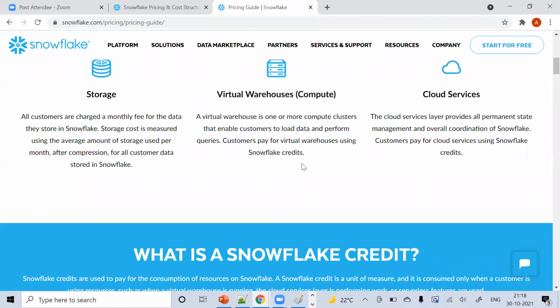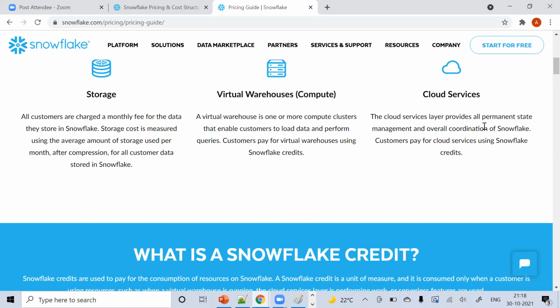For example, if you submitted a query and it consumes a whole 1 hour of your virtual warehouse, and say it is an X small size virtual warehouse, it will take 1 credit for that query processing. Okay, so it's ultimately the workload that you're giving to the virtual warehouse.